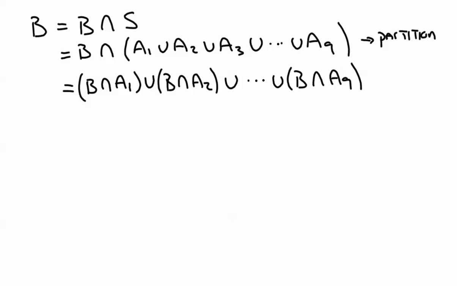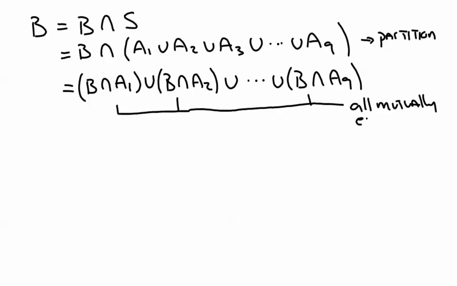All of these events are non-overlapping. They are all mutually exclusive. B intersects each of the partitioning events A1 through A9, and those intersecting sets are mutually exclusive. So I can apply the third axiom and get this.